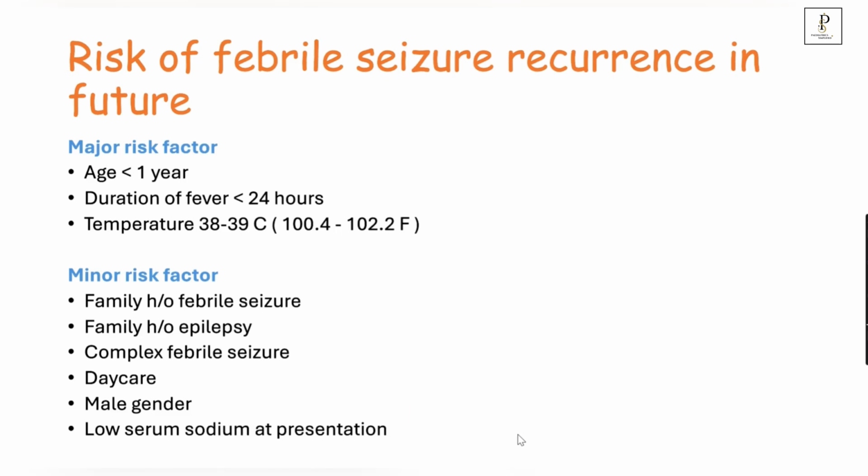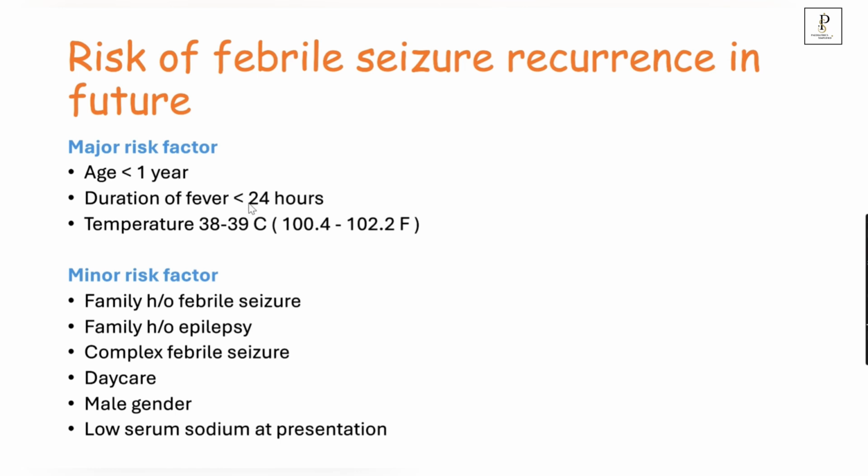Here is the risk of febrile seizure recurrence in future. So what is the major risk factor and what are the minor risk factors? If the age of the child is less than 1 year, it is a major risk factor.